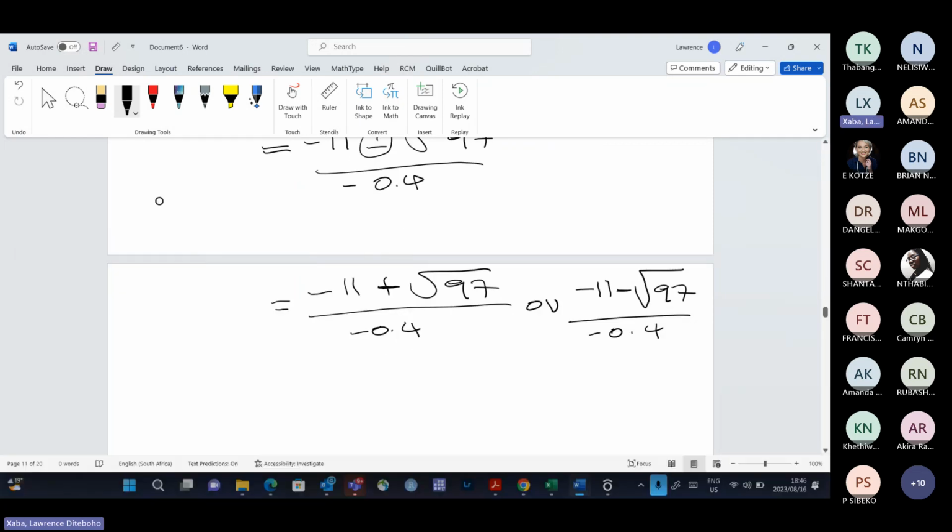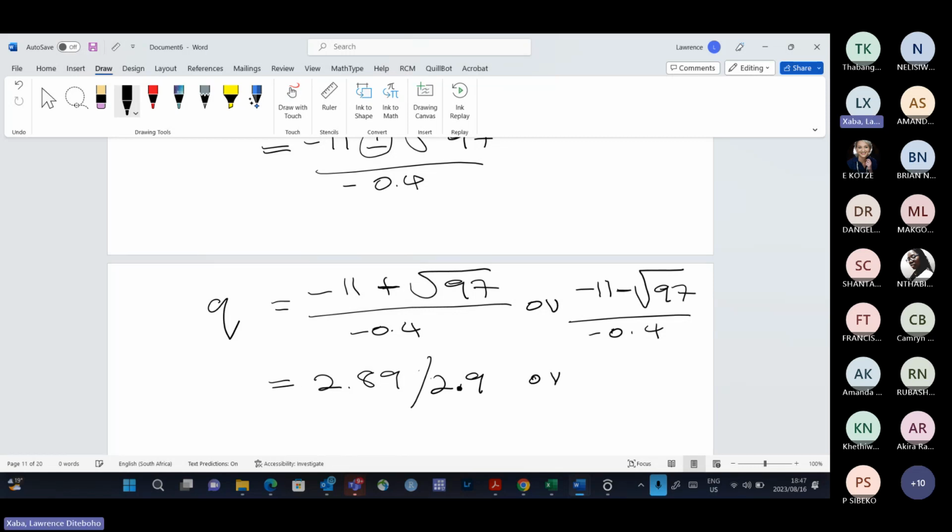So remember, we want our Q values. So we say negative 11 plus square root 97 divide by negative 0.4. Then we have 2.89. If we want to have one value, you can say after the comma, this is 2.9.